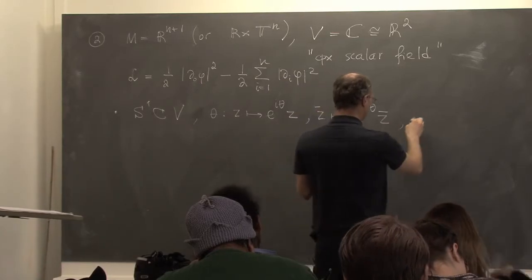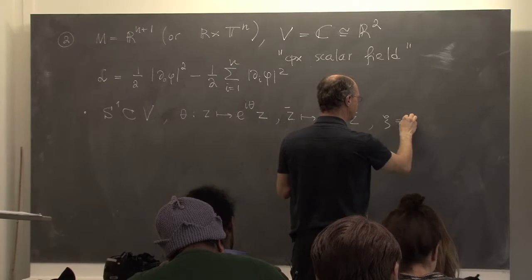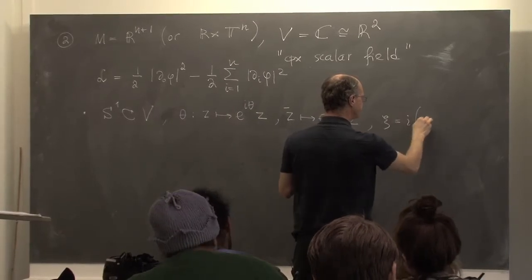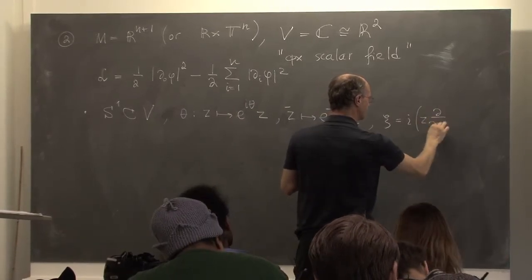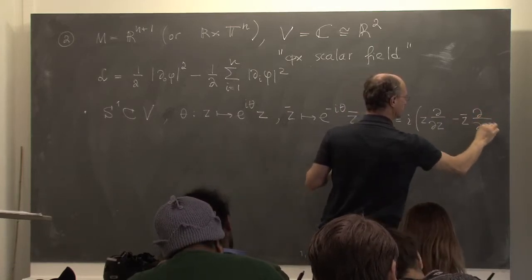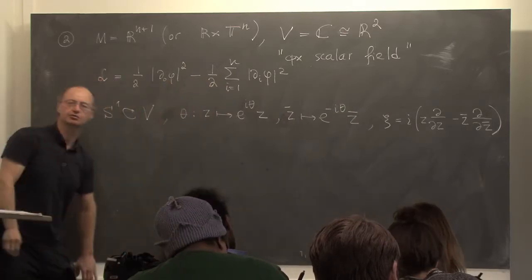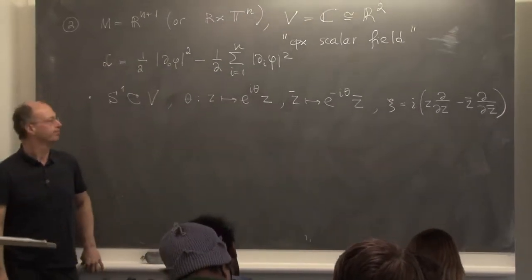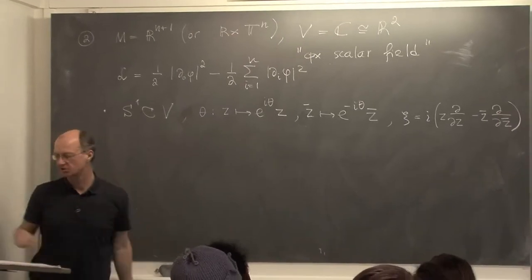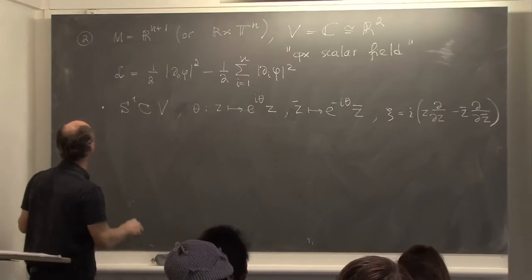Well, what's the corresponding vector field? In those complex coordinates, we can write it as i z d over dz minus z bar d over dz bar. Of course, you can also write it in real coordinates if you want, but perhaps it's easier to write it in complex coordinates.